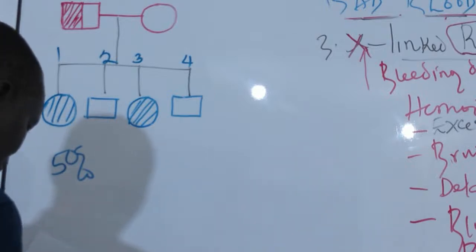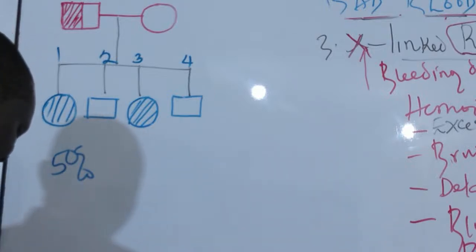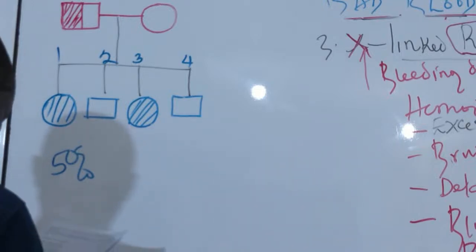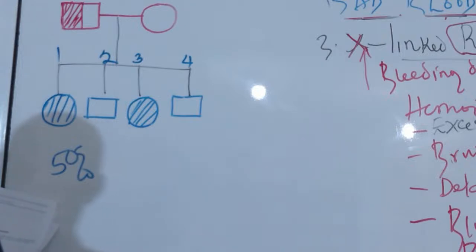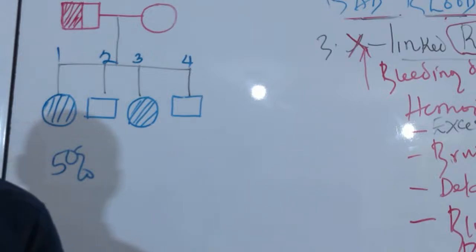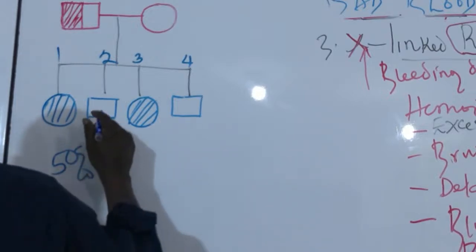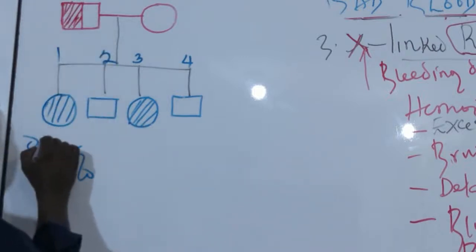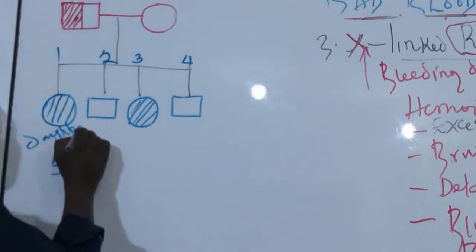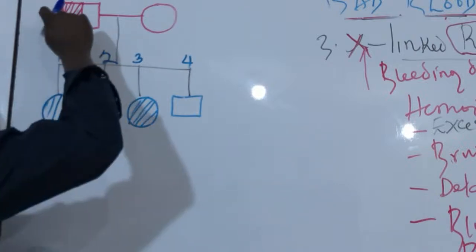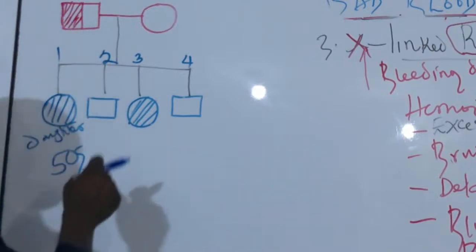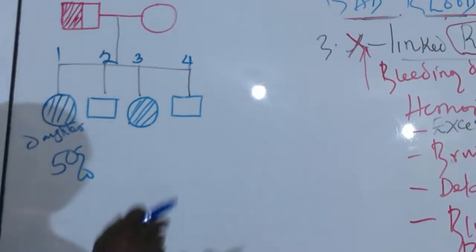We need to be aware of this, that whenever you see somebody who is hemophiliac, especially if it is a daughter, it must have been inherited from the father, because it is that father that is having that bad gene or bad blood.